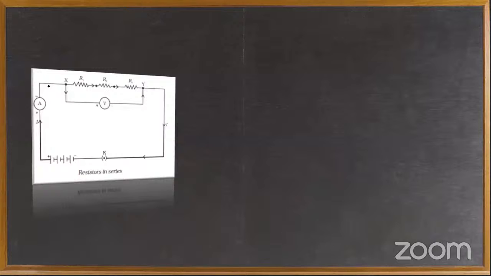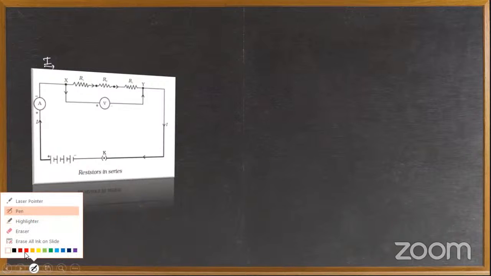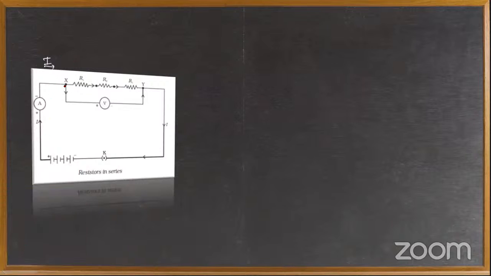Current passing through this circuit is I. Let me change the color: the current passing through this circuit is I, and the voltage in the circuit is V. If we measure voltage between point X and point Y, V is a constant. V doesn't change. But what is happening with the current? When we pass through these points, may the current change or be constant?